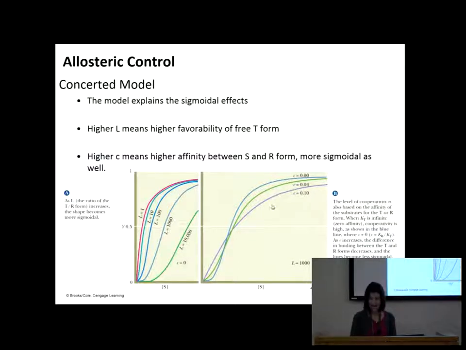A high C, which is this 0.1 here, relative to basically nothing, means that there's no difference in the substrate affinity for relaxed or taut. So it's not sigmoidal. This higher C means that the substrate likes both the taut and relaxed. But if you can see in the blue, the lower C means that the substrate likes the relaxed a lot more than the taut.